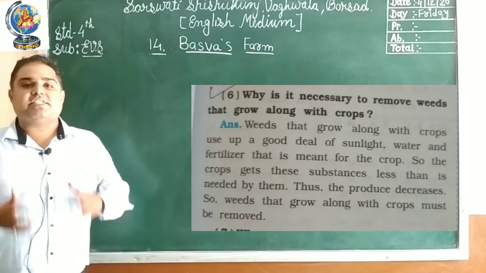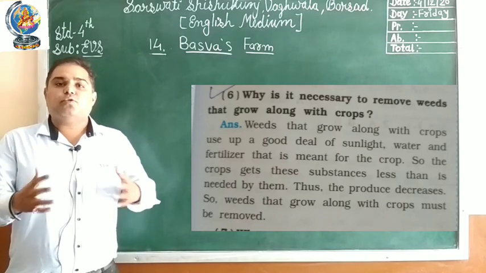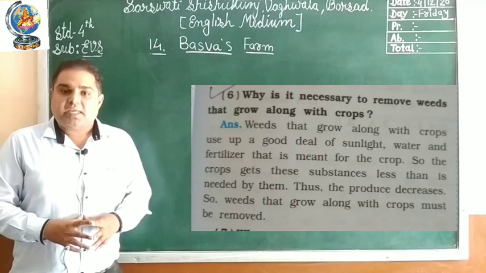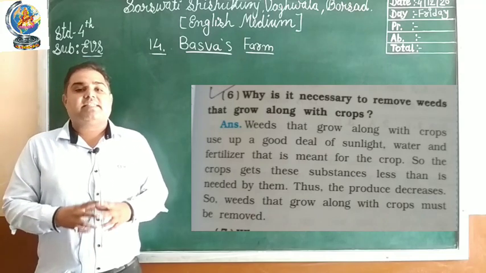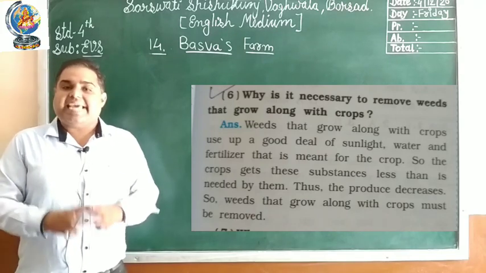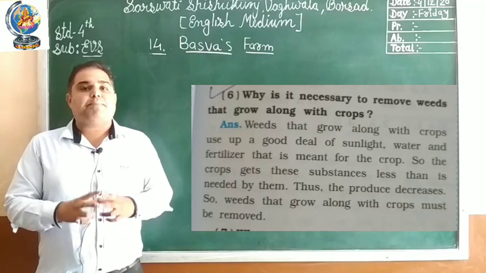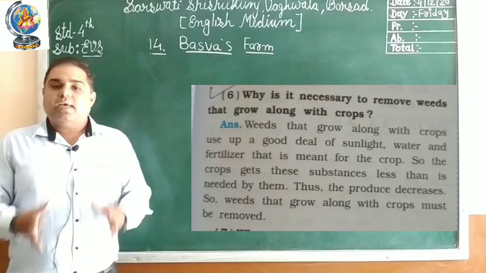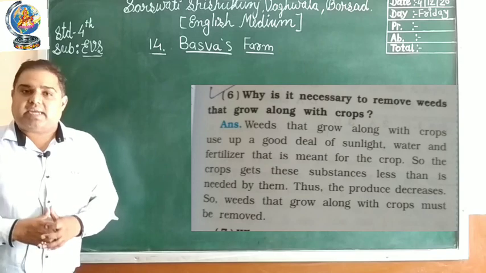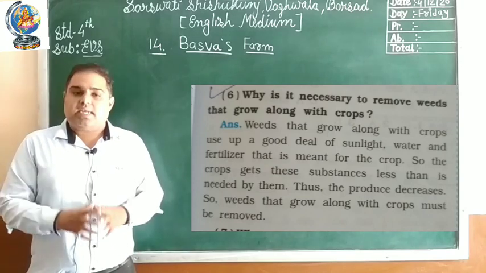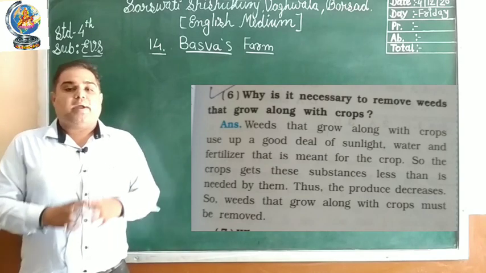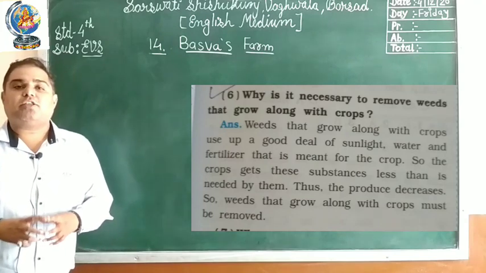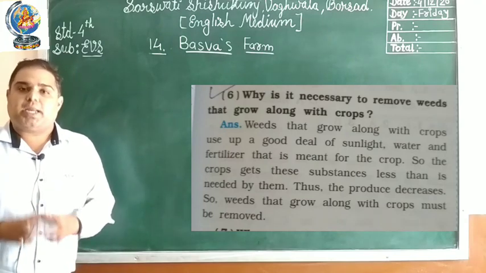So the crop gets these substances less than is needed by them. Thus the produce decreases. So weeds that grow along with crops must be removed.